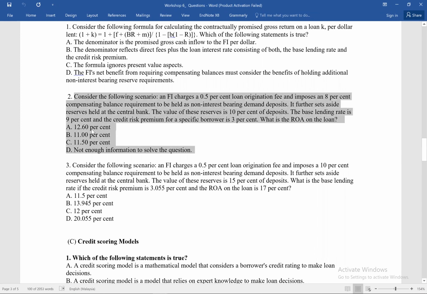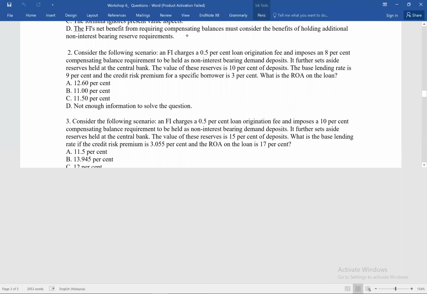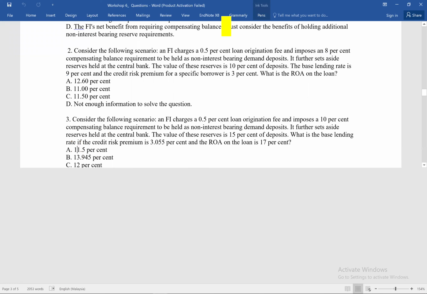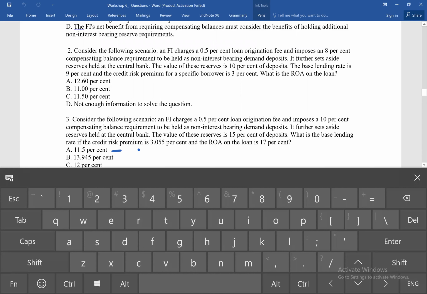The option is not here. So I will just change this one to be, please change it in your version.